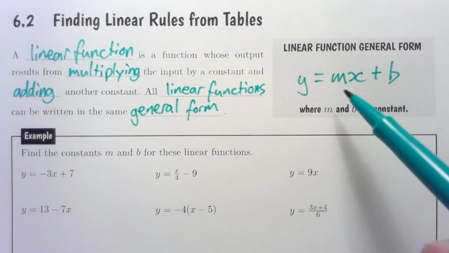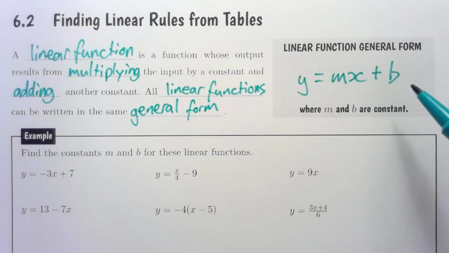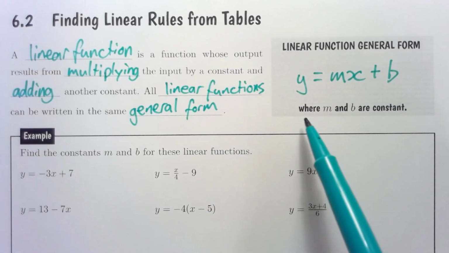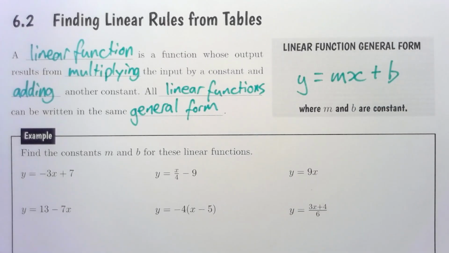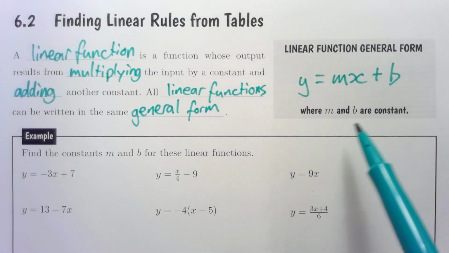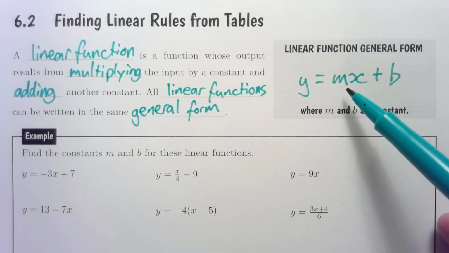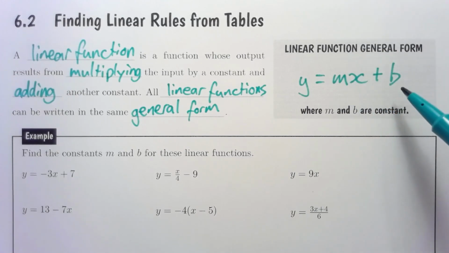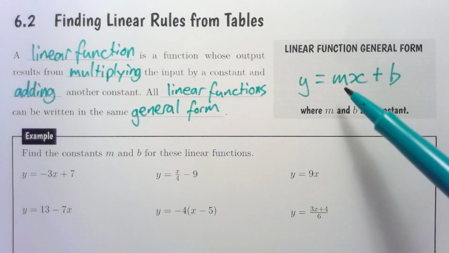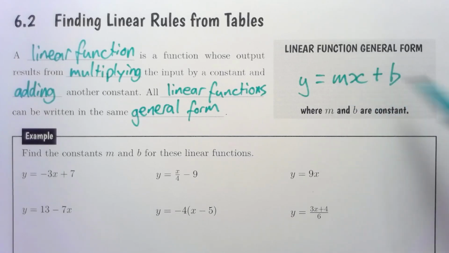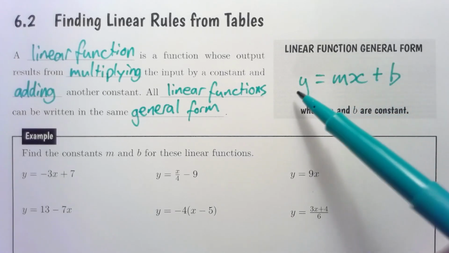Now, keep in mind here, m and b are just numbers. In fact, here it states that they're constants. We don't know what they are currently because we're trying to represent this for all functions in general. But m is the number that we multiply by, and b is the number that we add. So we take our input, multiply it by m, and add b, and that is our output.